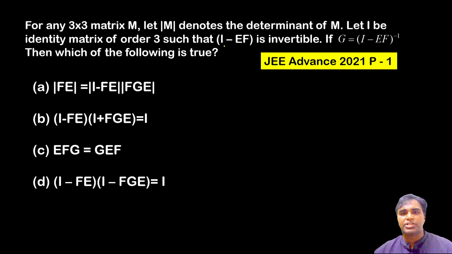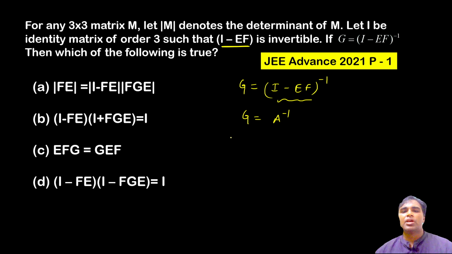Now the first thing is this matrix is invertible, right? ये invertible है और हमें एक G भी दे रखा है. So let's write this again, (I minus EF) inverse. For my calculation purpose, I'll assume this as A. So G equals A inverse. Now I will multiply with A on both sides.